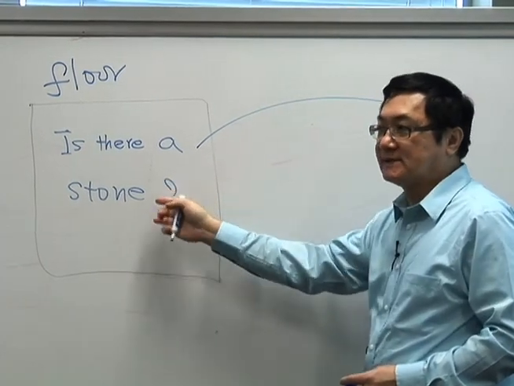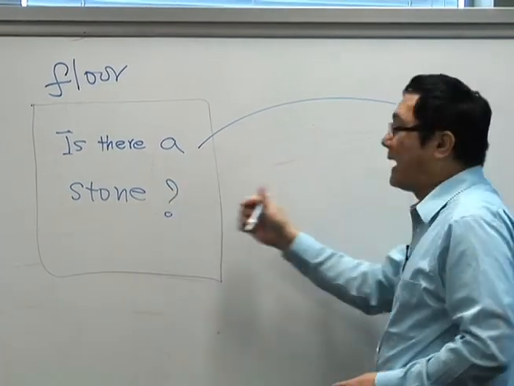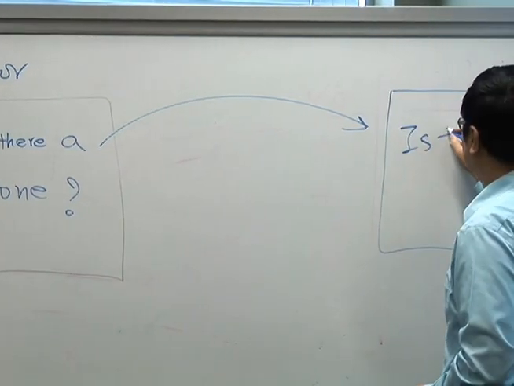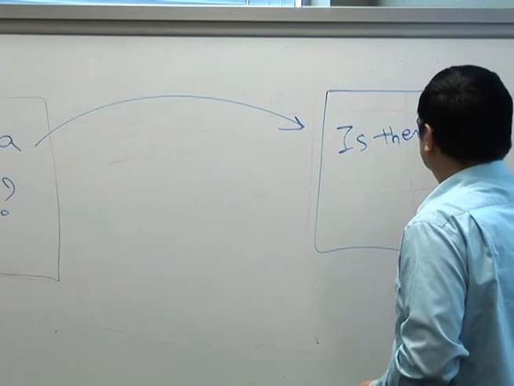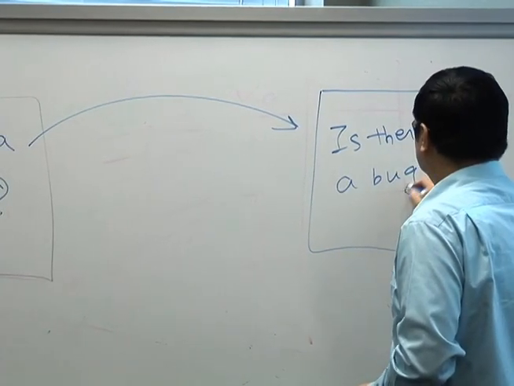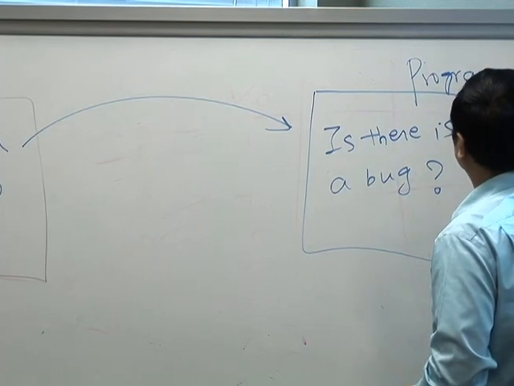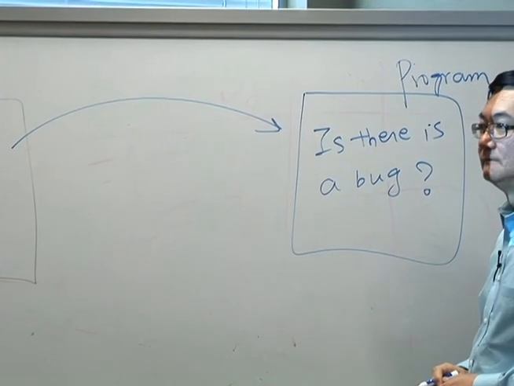We use this as the example for discussion, and later on we'll see how the discussion with respect to this example can be mapped to a scenario such as is there a bug in a computer program?